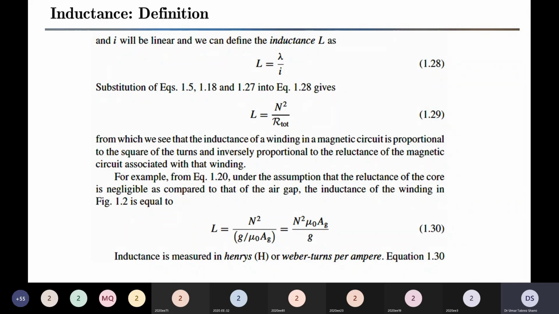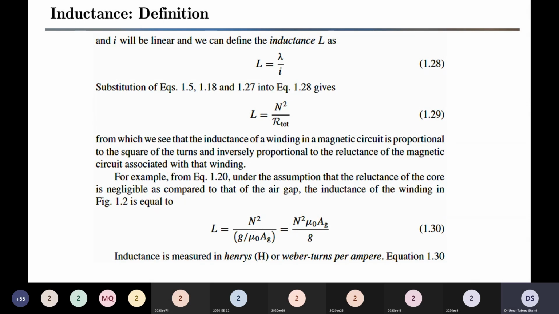So in this equation, we are ignoring the magnetic path because magnetic path is offering very small reluctance or resistance to the flux, and majority of the reluctance is coming from the air gap, so we only consider the air gap.